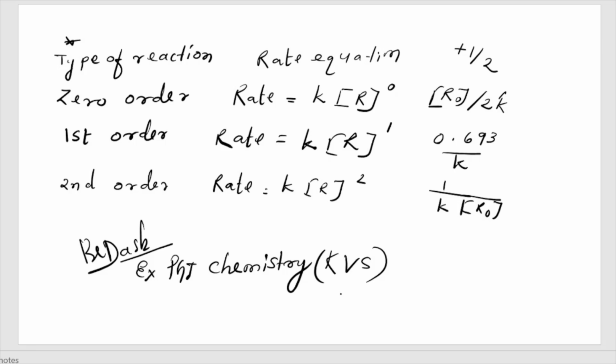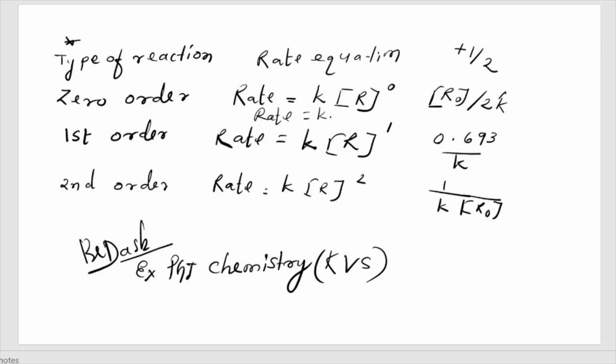Zero order, rate equal to k r to the power 0. That means anything to the power 0 is equal to 1. So the rate equals k. Similarly, what is T half? R0 by 2k. Already this is calculated. For first order, rate equals k r to the power 1, and T half is 0.693 by k.